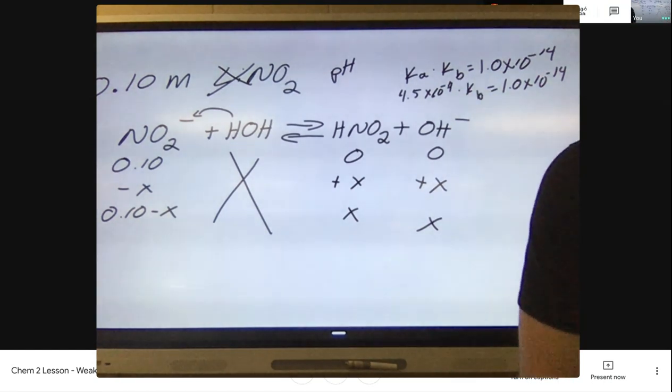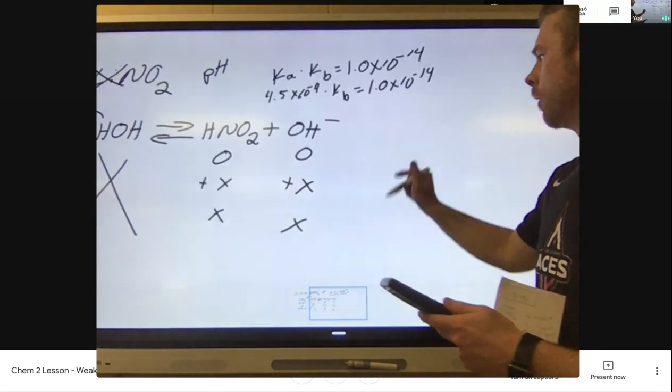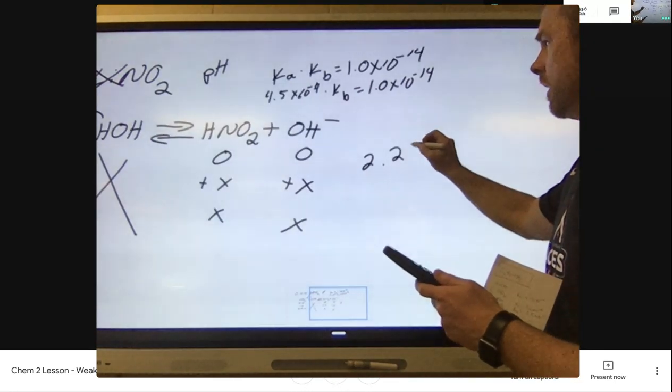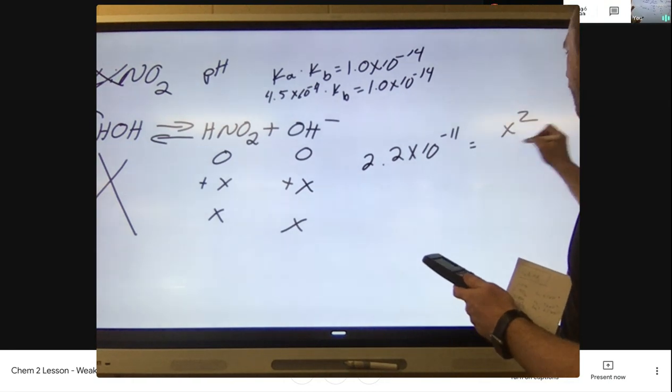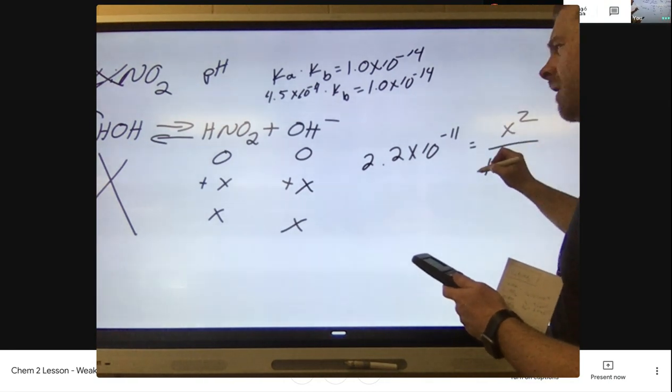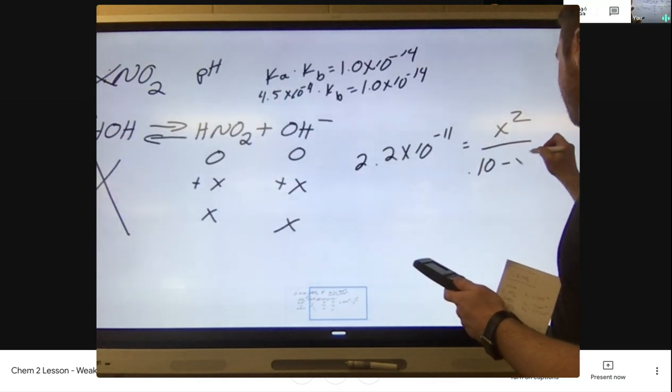So for us in this problem, the value for Kb that we're going to use is 2.2 times 10 to the negative 11th, which will equal x squared all over, I think it's 0.1 minus x.